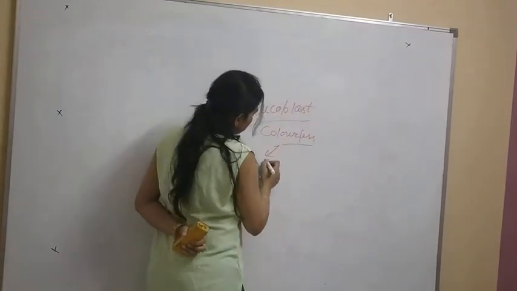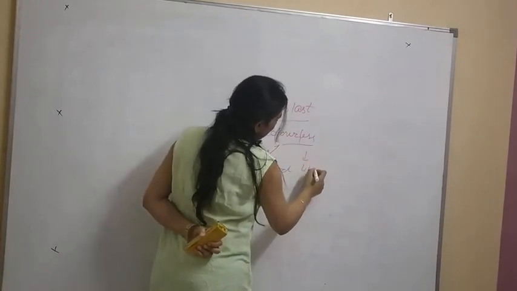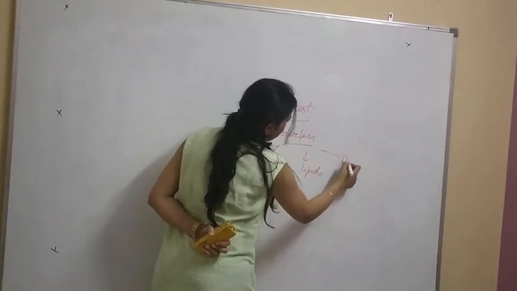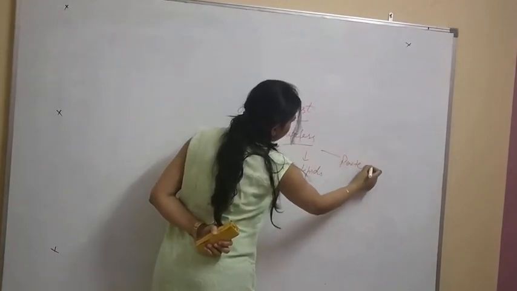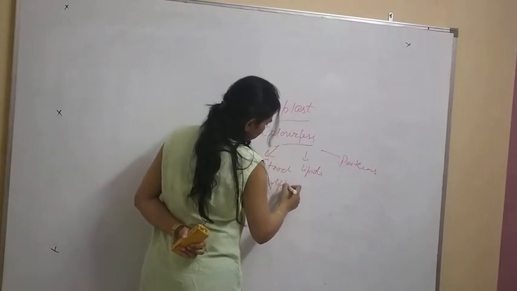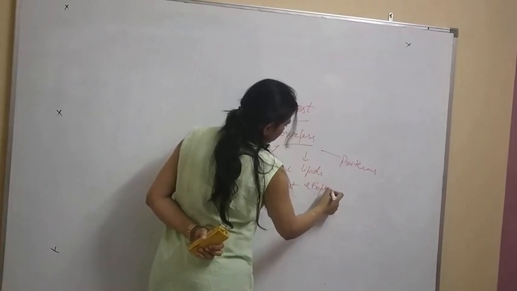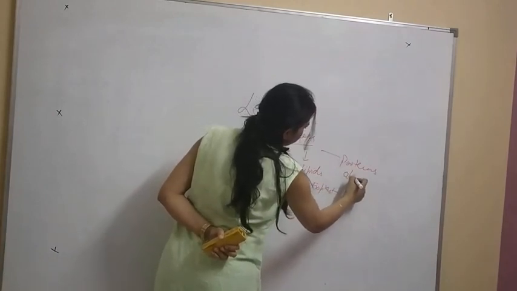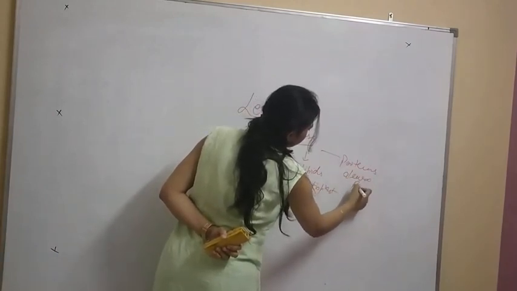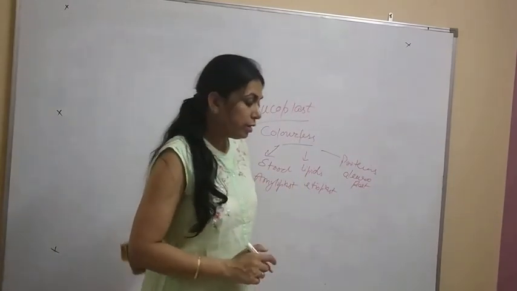It stores starch, lipids and proteins. And we use the terms amyloplast, elaioplast and aleuroplast. So they help in the storage of food.